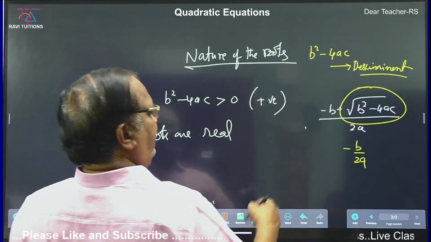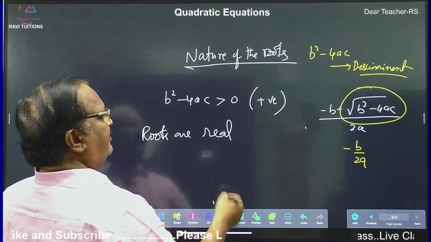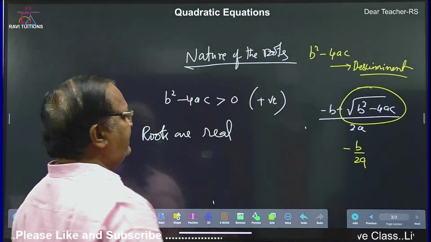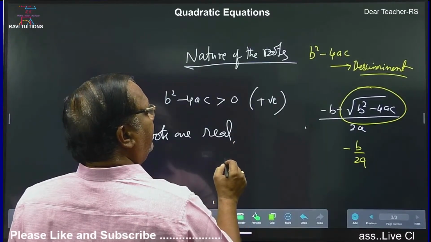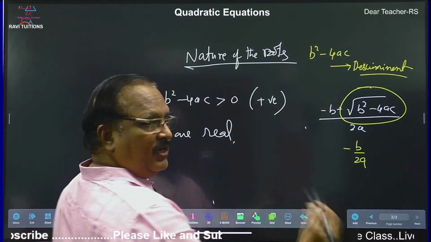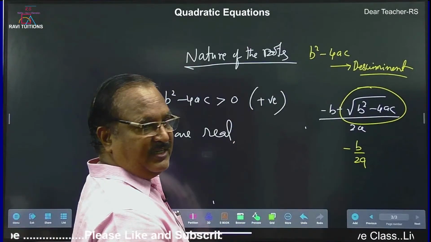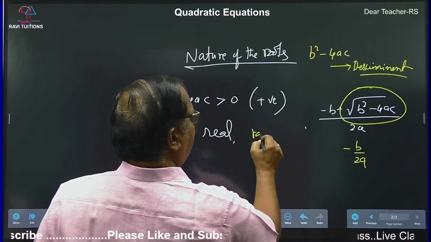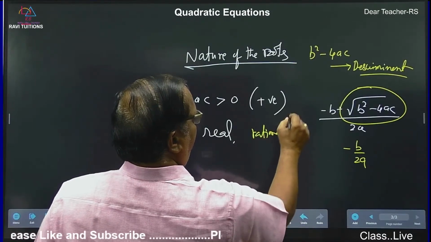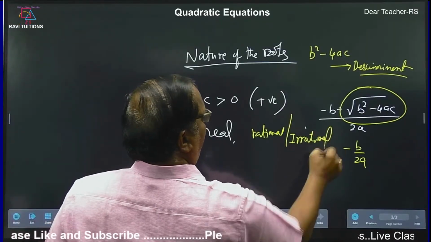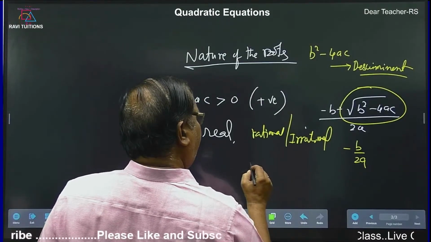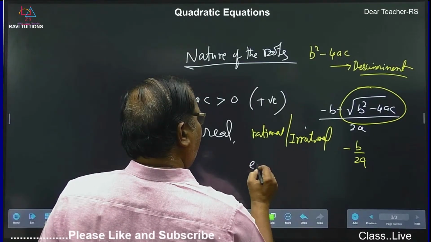If b square minus 4ac is more than 0, then the roots are always real. They may be rational or irrational, and they are unequal, real and unequal.